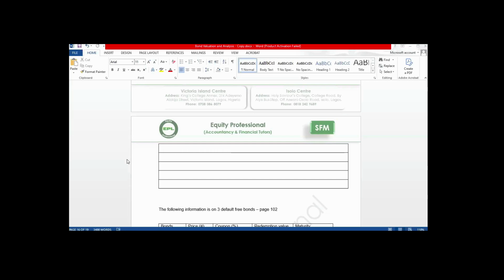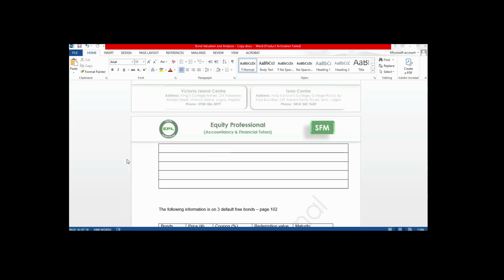Please listen to this. If you are required to value a bond, you can value it using the spot yield curve, that is the spot rates.